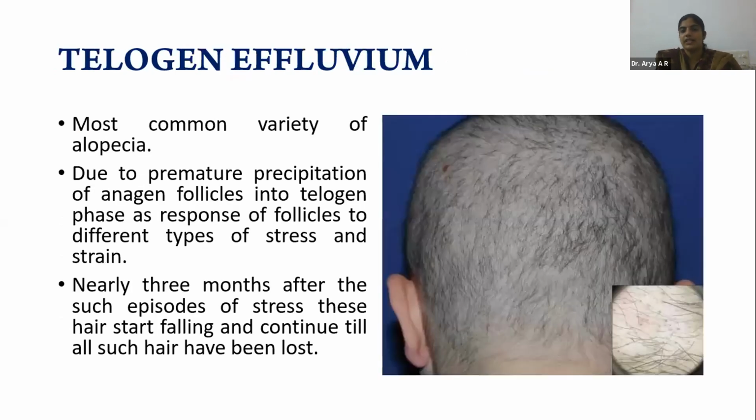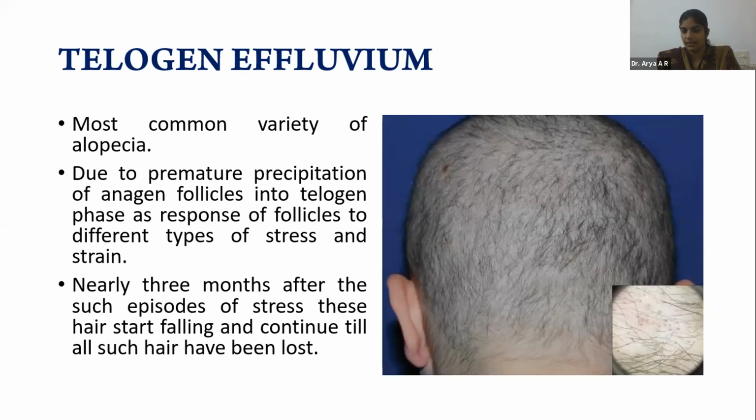The first one is telogen effluvium, or diffuse alopecia. It is the most common variety of alopecia. As I said earlier, in the normal hair growth cycle we have three stages: anagen, catagen, and telogen.